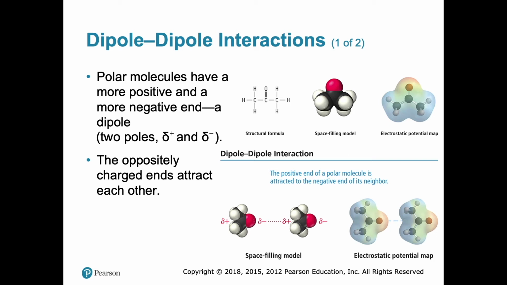So what can happen then is if you have 2 of these together, the partially negative oxygen will attract itself to what? The partially positive carbon, right? You can see here in this electrostatic potential map, where the negative is, I mean, you see it in the signs, of course, but you can also see what it looks like as far as the charge distribution goes.